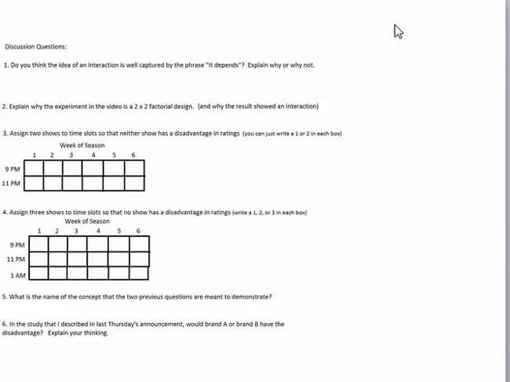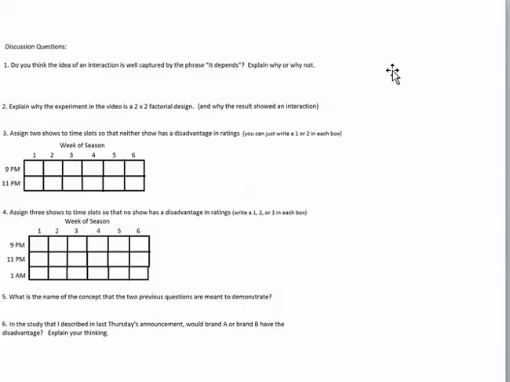Remember that in the experiment there were 2 types of crimes and 2 levels of attractiveness. Also, explain why the result was showing an interaction. I can show the link to the video to show you what the results look like.